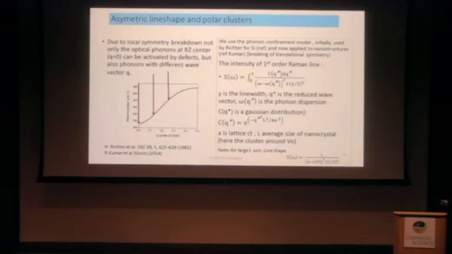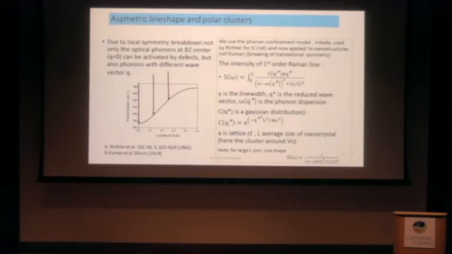This model is more and more used now for nanostructures. Here you have a Gaussian distribution which depends on the dimension of the nanocrystal or the cluster. A is the lattice parameter, gamma is the line width for the stoichiometric material, and omega q is the phonon dispersion.